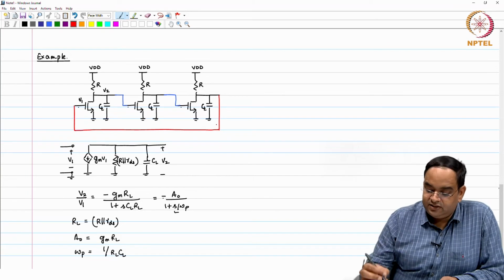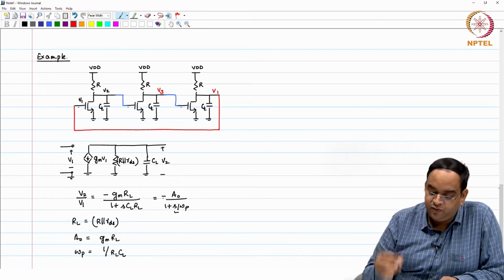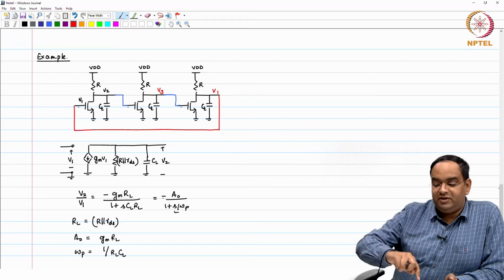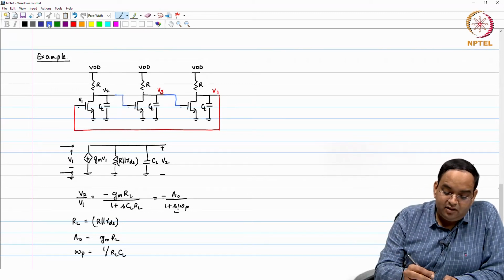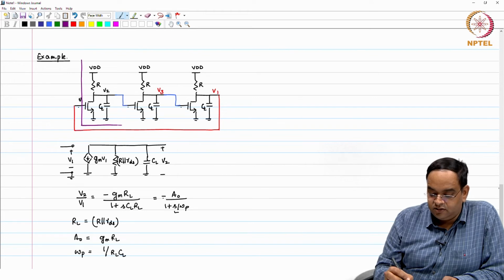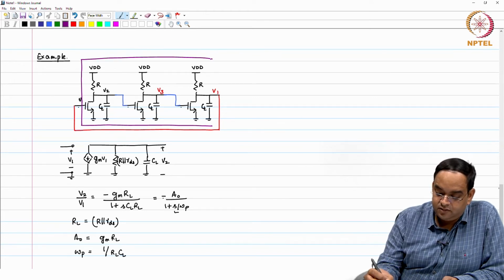Okay, and let us treat this as V1, V2 and V3. So, from V1 to V2, V2 to V3 and back to V1, it forms one single system like this.